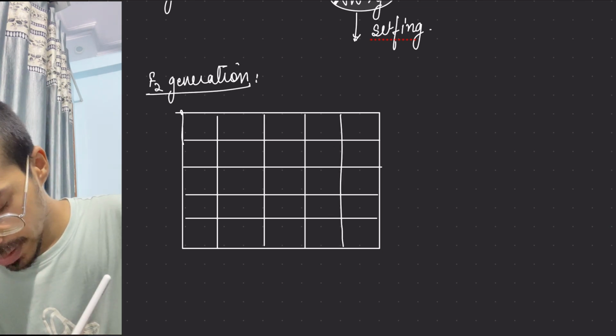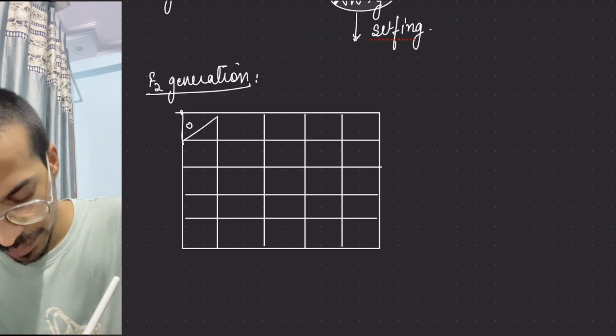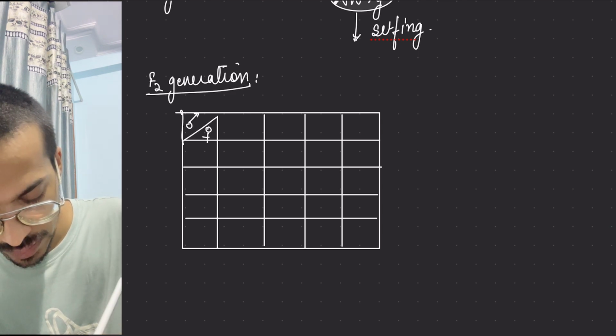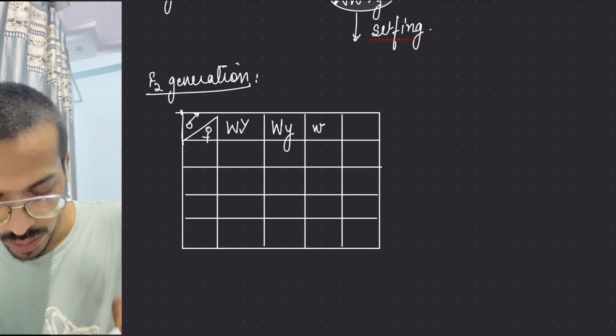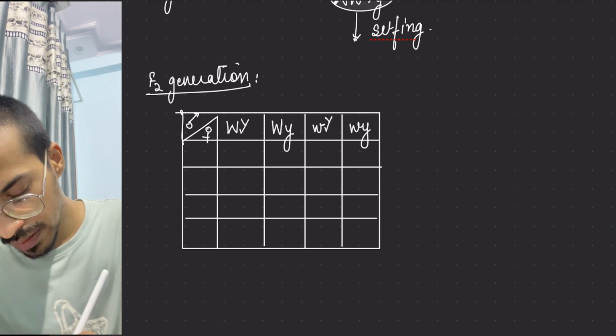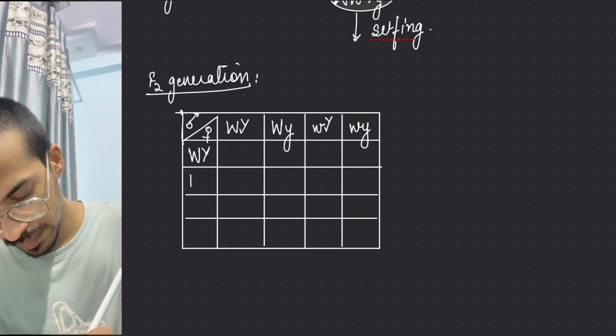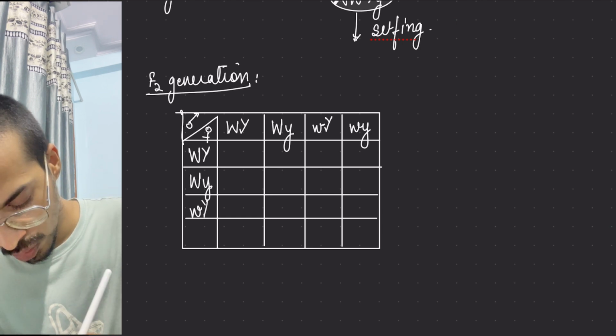So what would be the gametes? Same thing over here again, capital. The other would be the similar gametes.